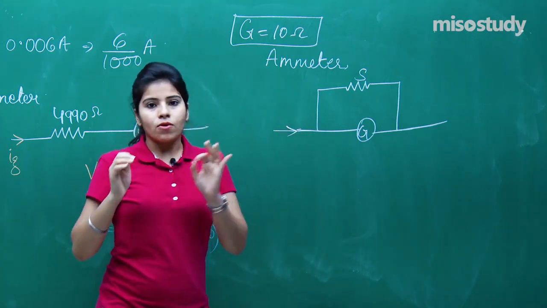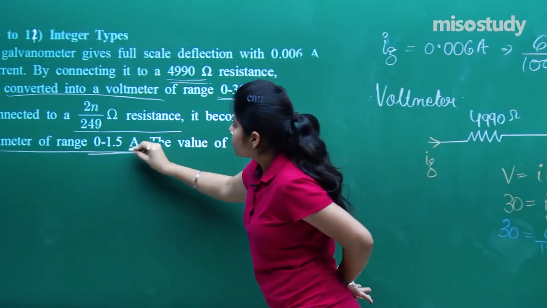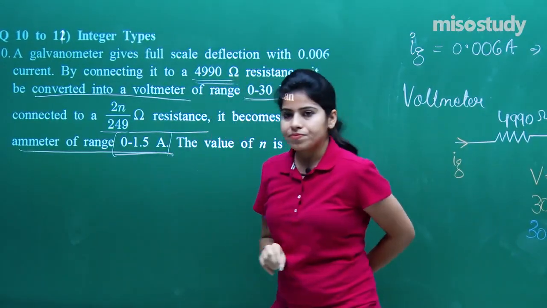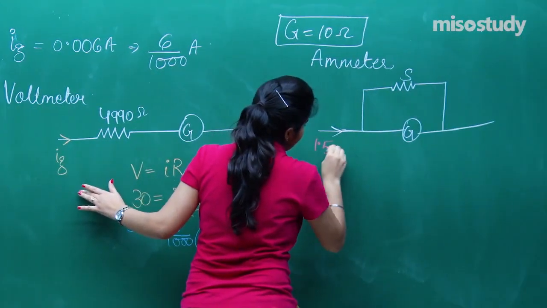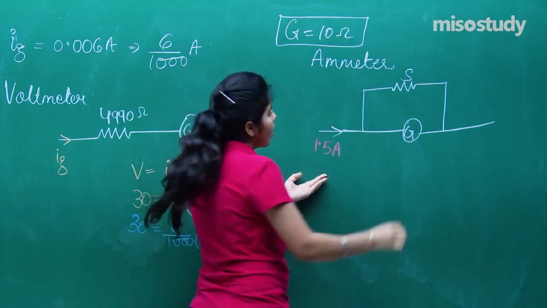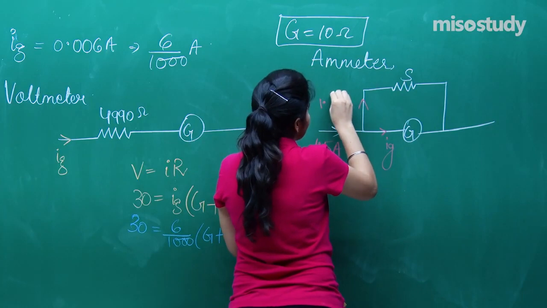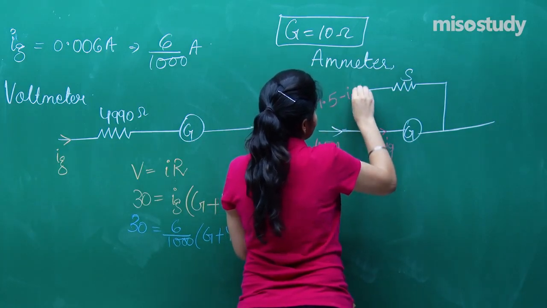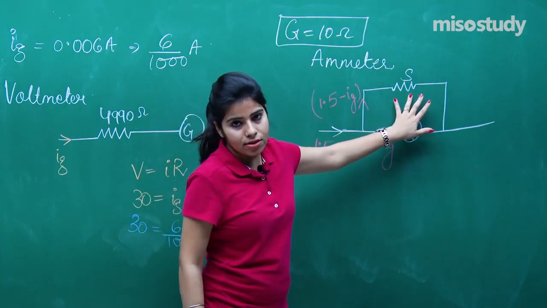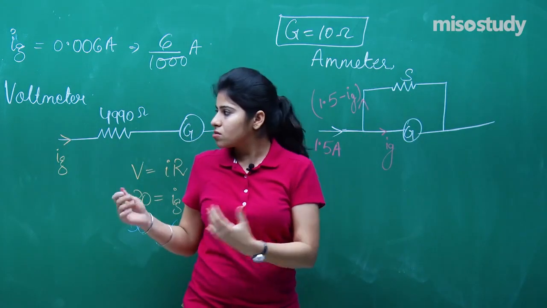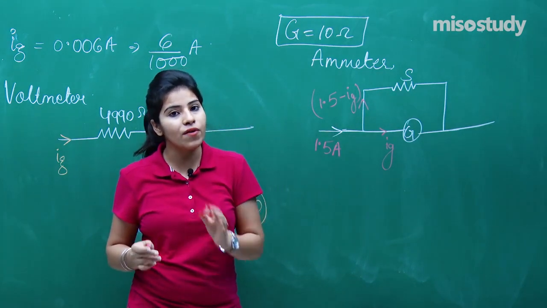Now the range will become 0.15 ampere. So suppose 1.5 ampere current is coming in and Ig goes through the galvanometer, then the current going through the shunt will be 1.5 minus Ig. Now we have to find the value of S, because we have been given some value that is 2n by 249 and we have to find the value of n.